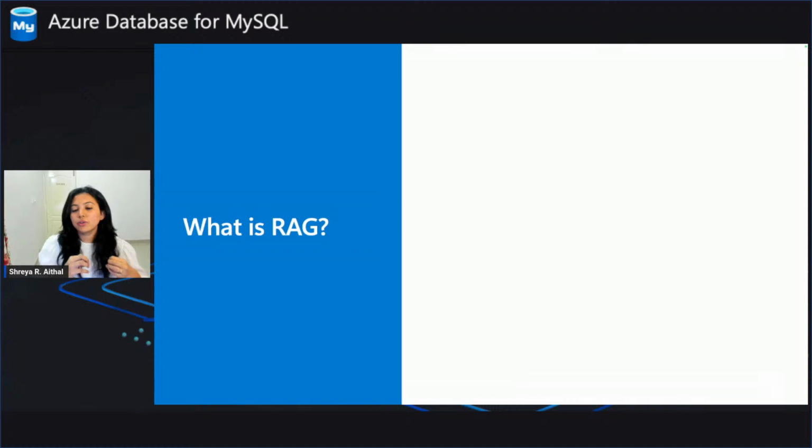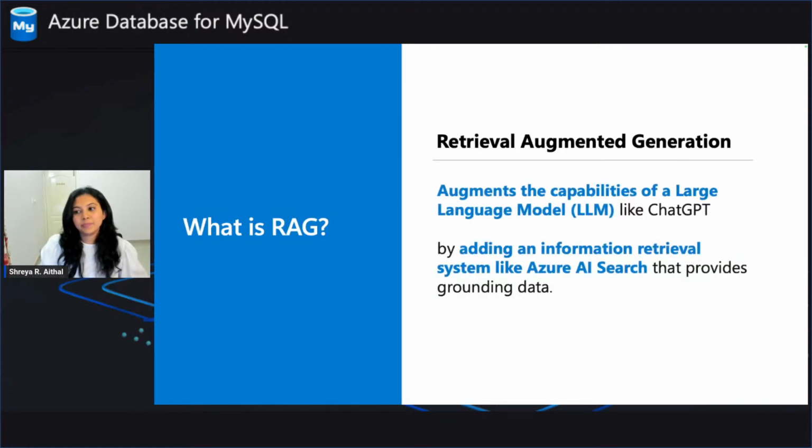Now, what if you want to use your own data to be able to generate such meaningful responses? One way to do it would be to build your own models on top of your own data and build an application with it. The other most popular model these days is a RAG model, where basically you use the same LLM like ChatGPT.